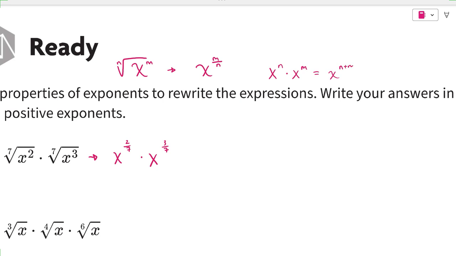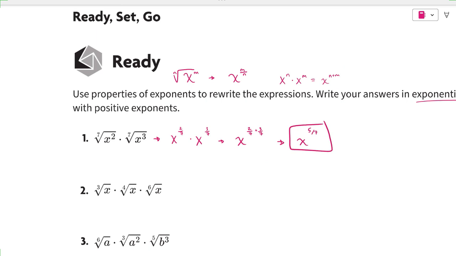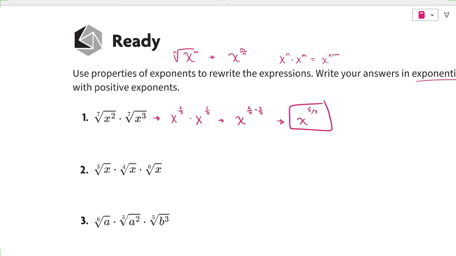So I can add n and m. In this case, they have a common denominator of 7. So I can go ahead and add 2/7 plus 3/7 to get x to the 5 over 7. So that is an exponential form with positive exponents. So we have completed our task.